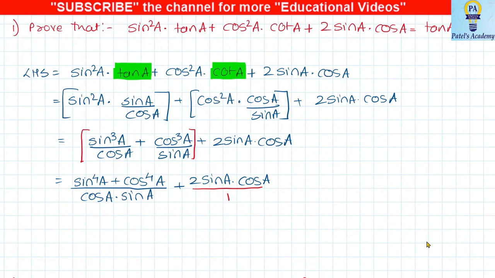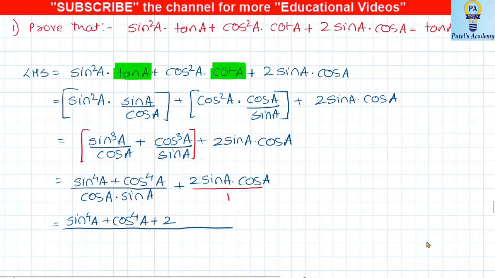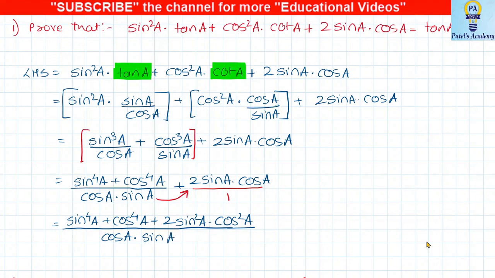So I'm going to do LCM here. What I'll get is sin raised to 4A plus cos raised to 4A plus 2. Now if I cross multiply here, sin A cos A will multiply with sin A cos A. So what I'll get? Sin square A cos square A upon cos A sin A.